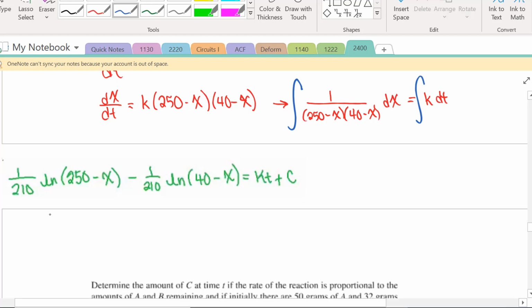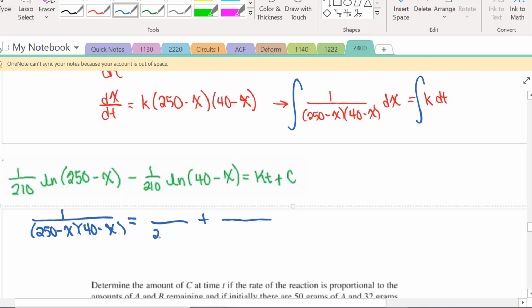So I would have 1 over that product equals 2 factors means 2 fractions. Each factor is a denominator. I'll just use A and B, even though we're calling the reactants A and B. You can use whatever letters you want.